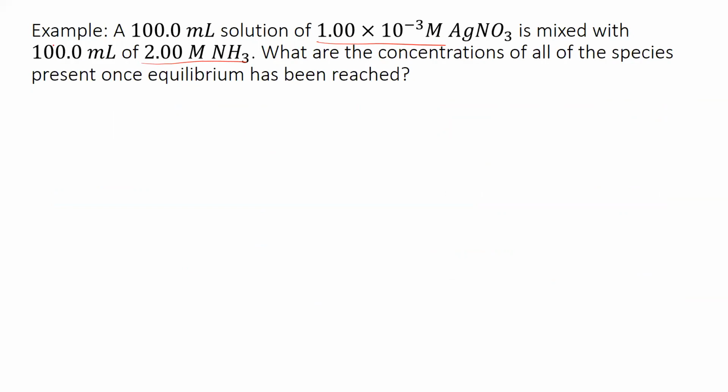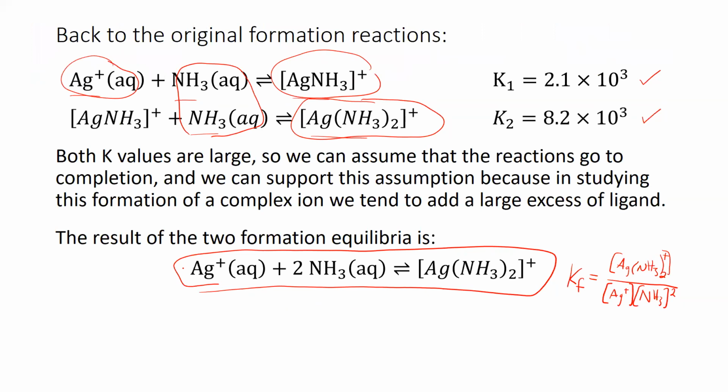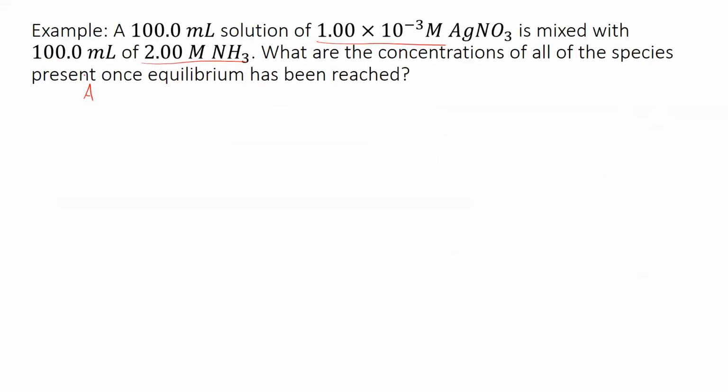So for this, what we're going to do here is really just, first off, write out the chemical equation that governs this. Now we have a huge excess of ammonia, so way more than 2 equivalents. So we're going to look at the equation here to begin with, okay? So we've got silver ion, and you don't need to put the nitrate in there because that nitrate is just a spectator ion for this reaction.